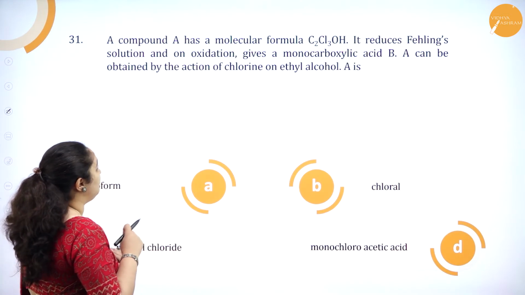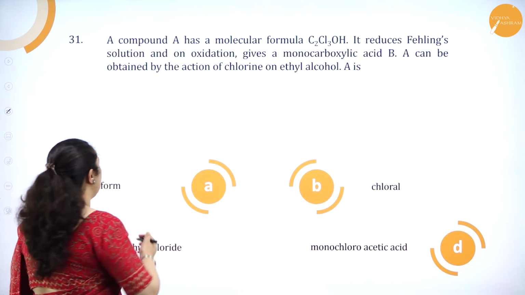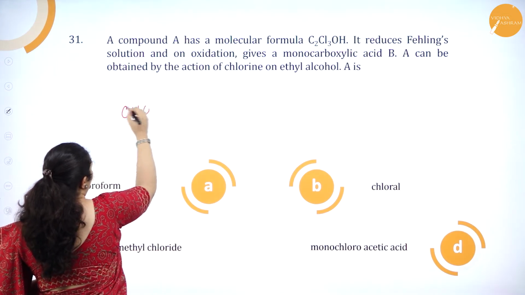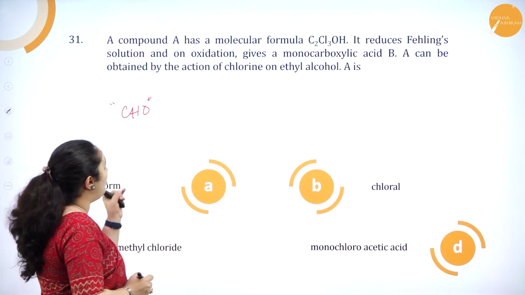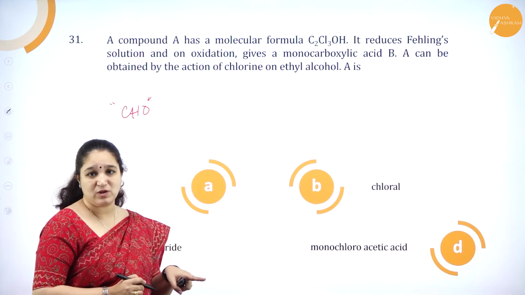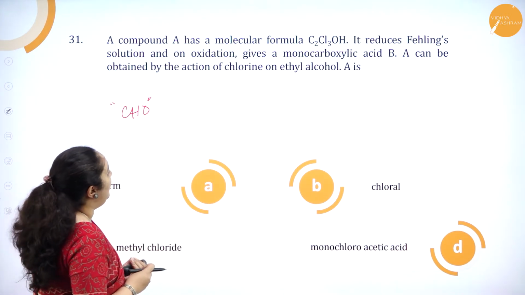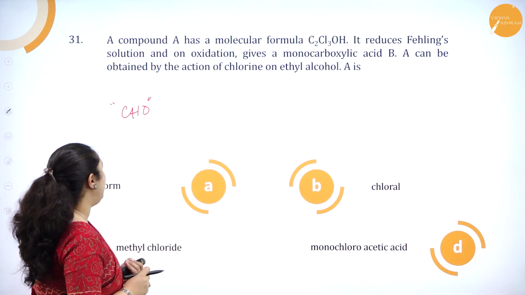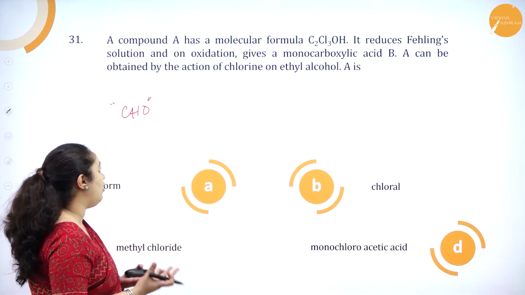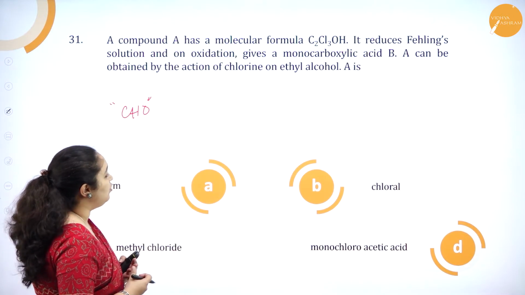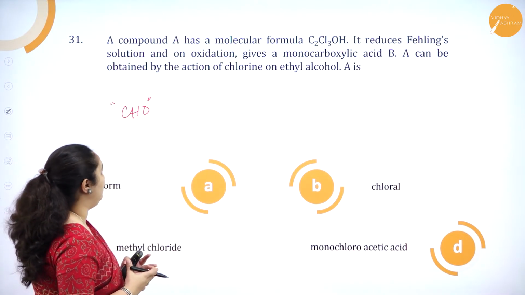It reduces Fehling solution, that means it should have an aldehyde group, and on oxidation should give monocarboxylic acid, so it should be an aldehyde group, correct. A can be obtained by action of chlorine on ethyl alcohol. So what is A? We need to know.